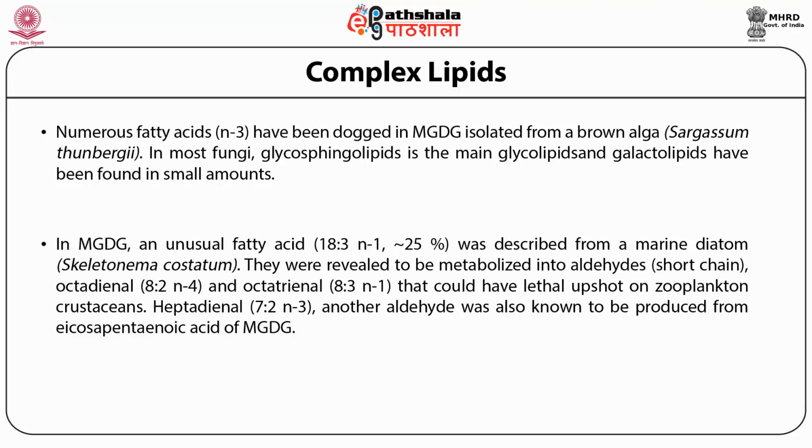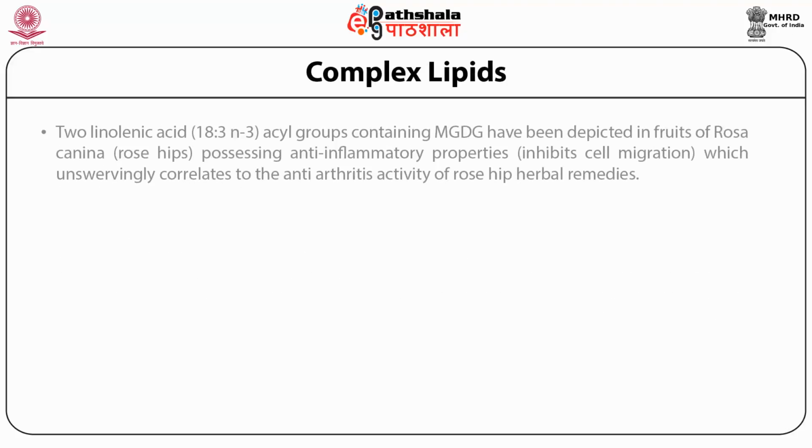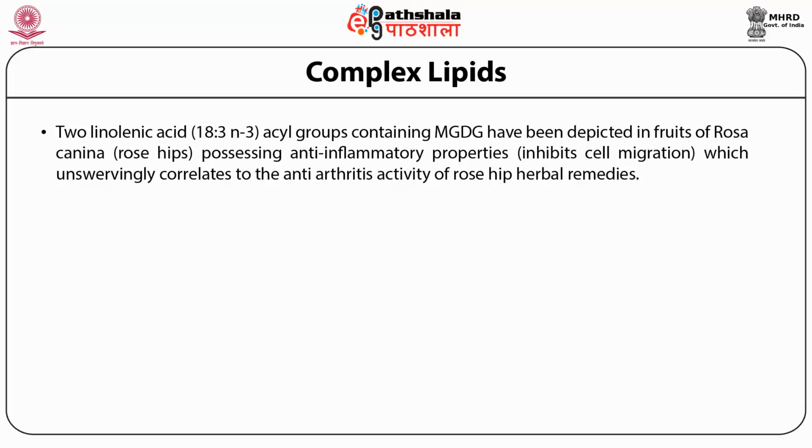Heptadienal, another aldehyde, was also known to be produced from the icosapentaenoic acid of monogalactosyl diacylglycerol. Two linolenic acyl groups containing monogalactosyl diacylglycerol have been depicted in fruits of Rosa canina, popularly known as rose hips, possessing anti-inflammatory properties.